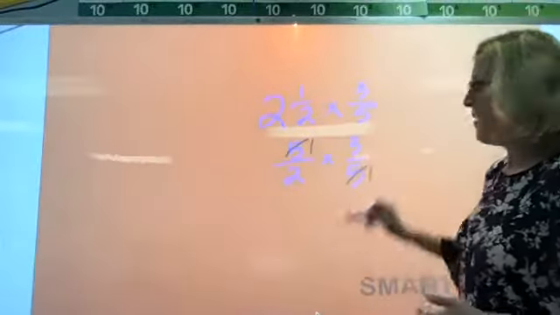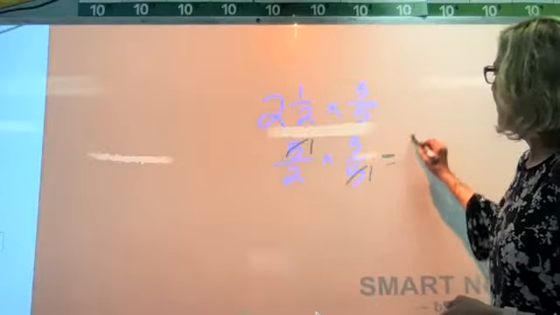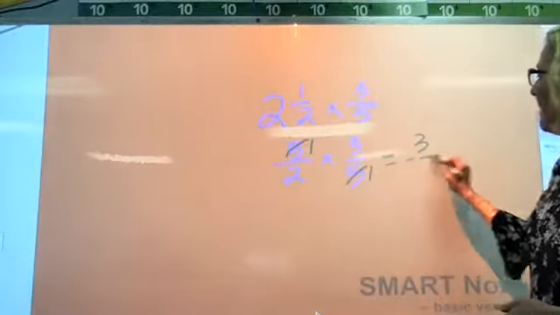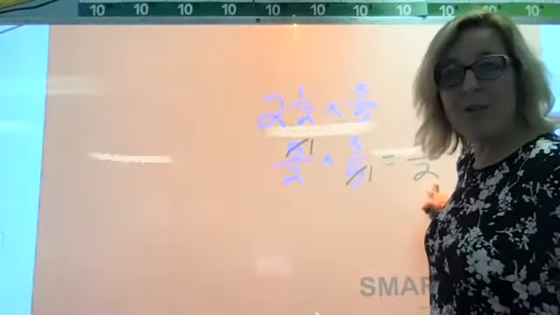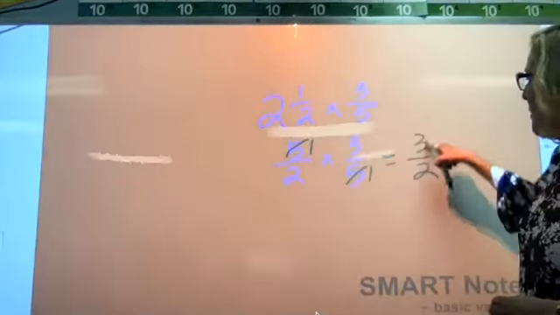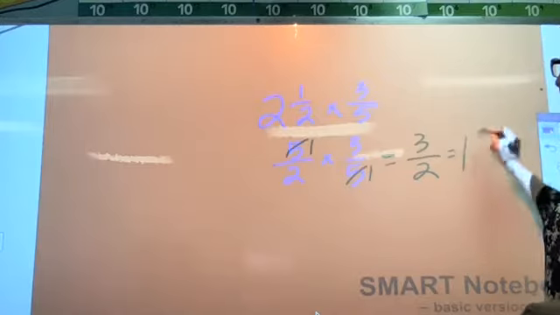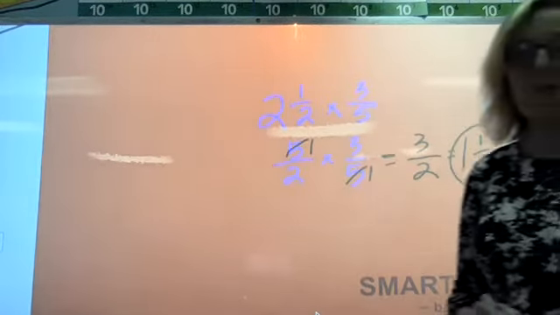So we divide each of them by 5. Now we have 1 times 3 in the numerator and 2 times 1 in the denominator. When we multiply, if we get an improper fraction, we want to turn it back into a mixed number. 2 goes into 3 one time with 1 left over, so 3/2 is the same as 1 1/2.